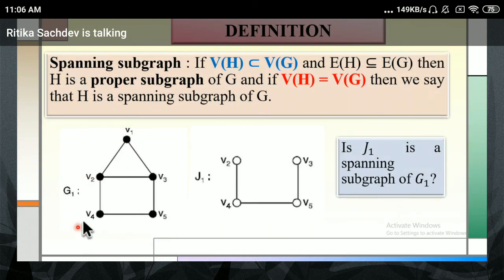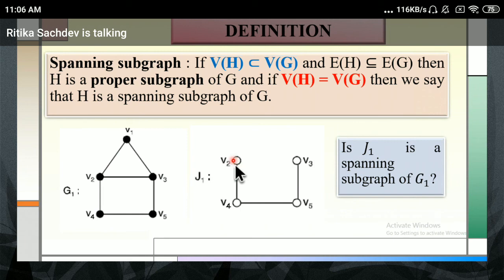I will have this particular graph without V1. Without V1 means I'll have V2, V3, V4, and V5. All the edges which are incident with V1, I have to just remove. I will have a square. So that square will be G minus V1.